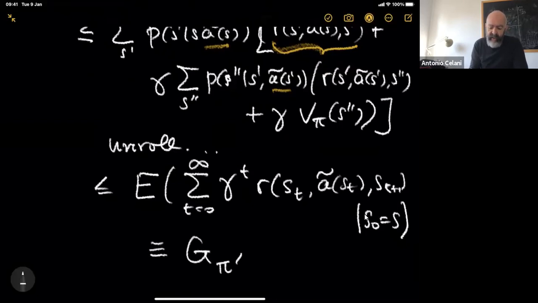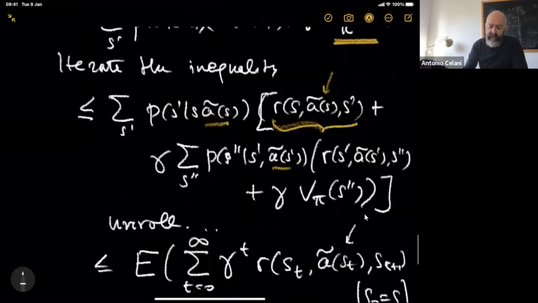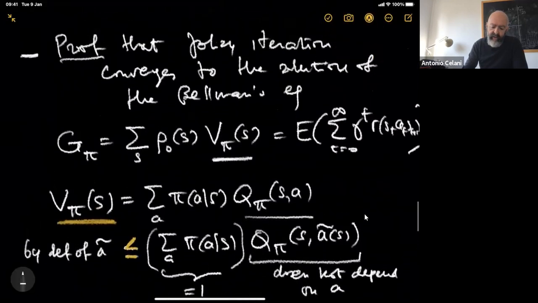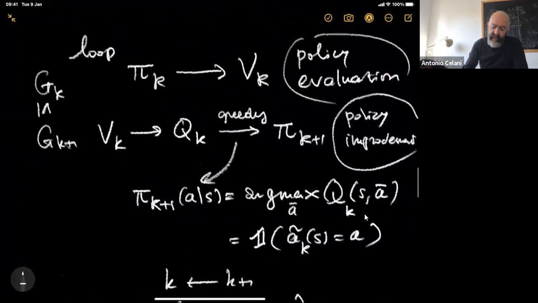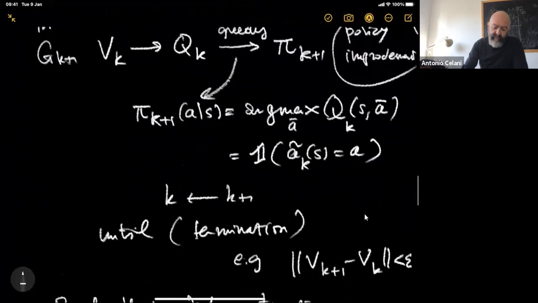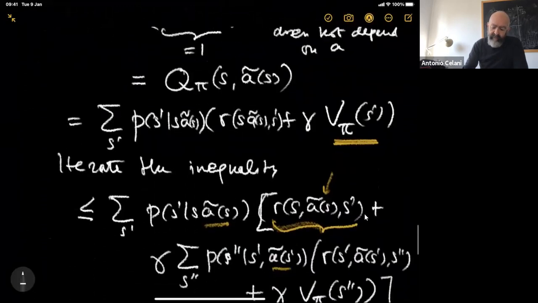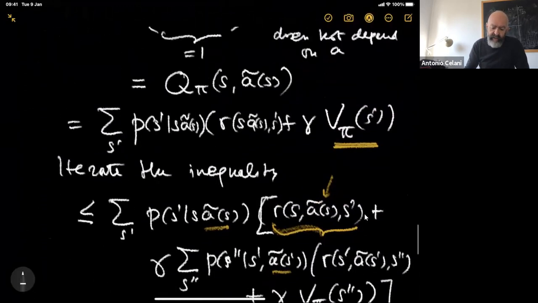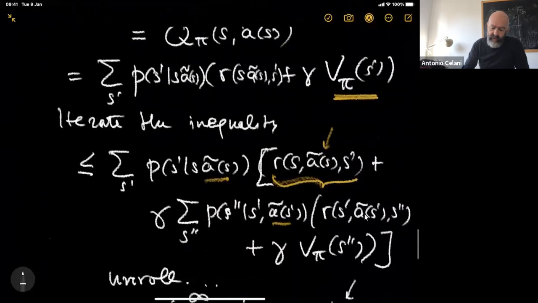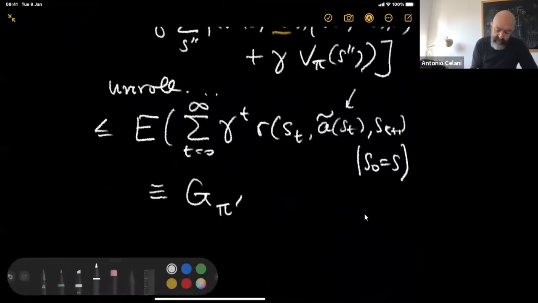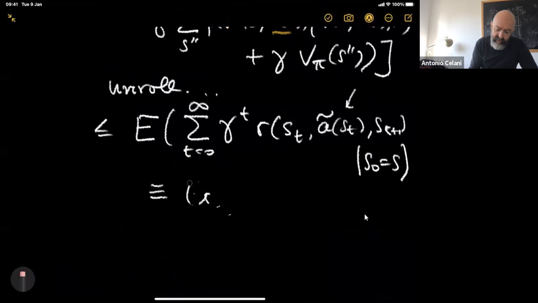By definition, because every time I'm picking A tilde, which is my choice according to pi, this is the iteration pi prime. So if you look at this, sorry, this is not G pi, my bad, I'm rushing this through. This is V pi prime of S.